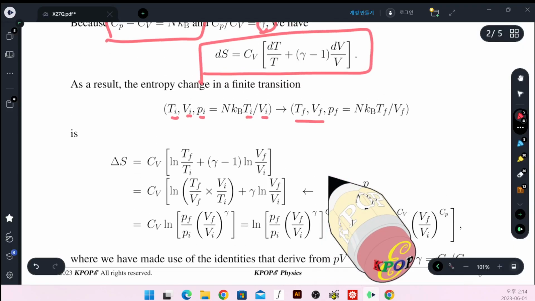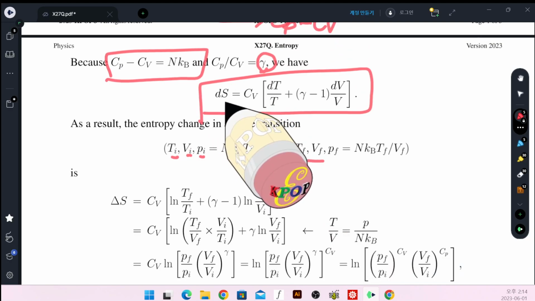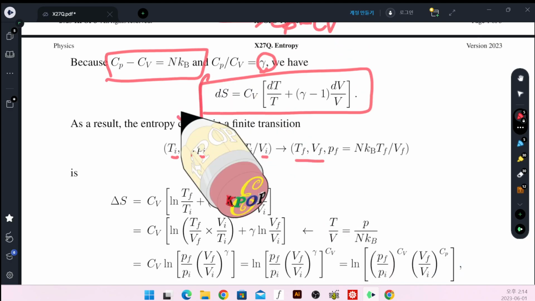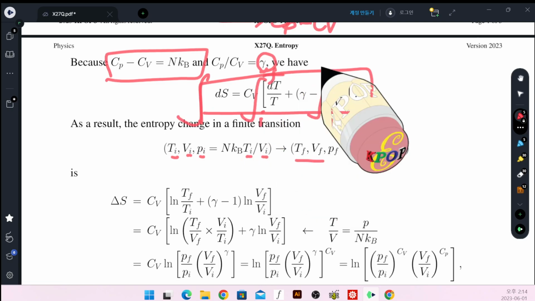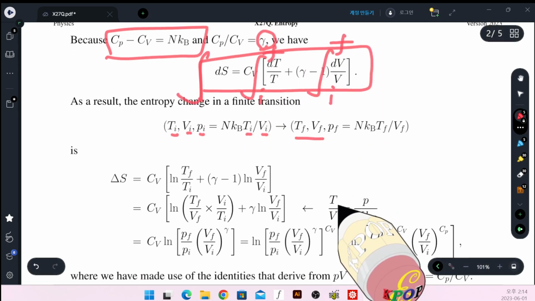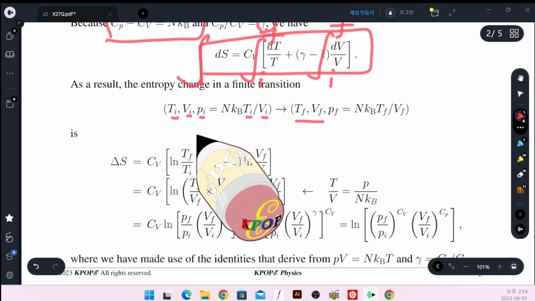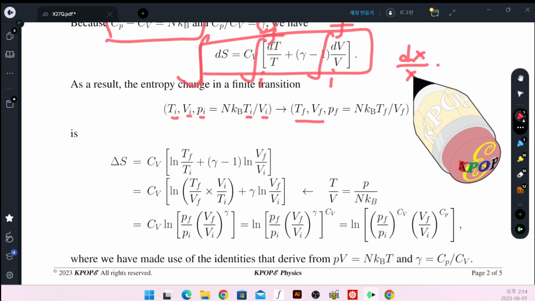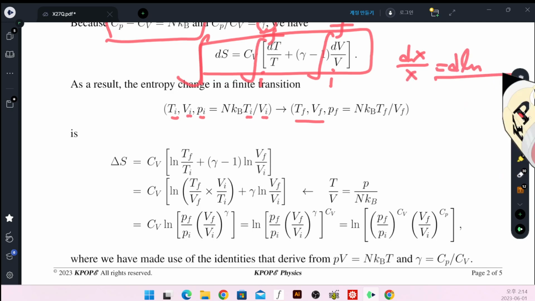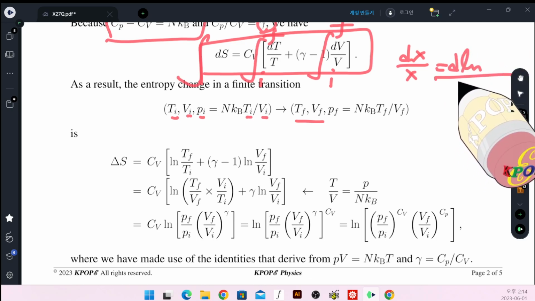If I consider this differential and integrate over a path from the initial state to the final state, what we obtain is just a differential of log, because dx over x is d log x.